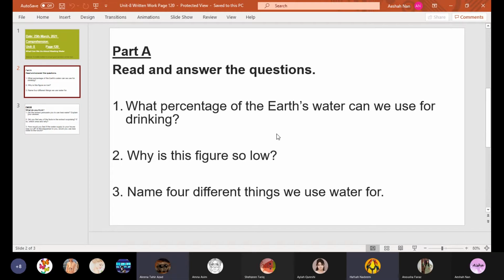Teacher, what's the answer for number one? 4% of the Earth's water can be used for drinking. Teacher, do we also have to write the question? No. We can use 4% of Earth's water for drinking.